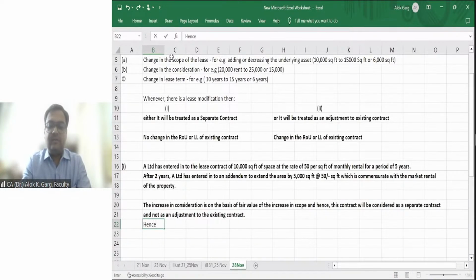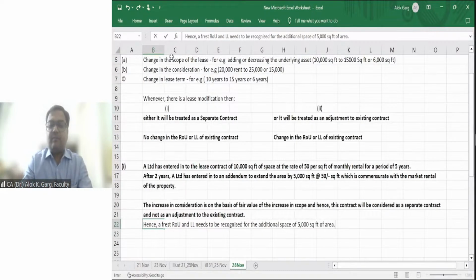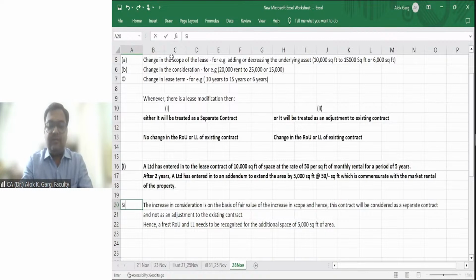Hence a fresh right of use asset and lease liability needs to be recognized for the additional space of 5,000 square feet of area, right? I hope this is clear to everyone, I believe.